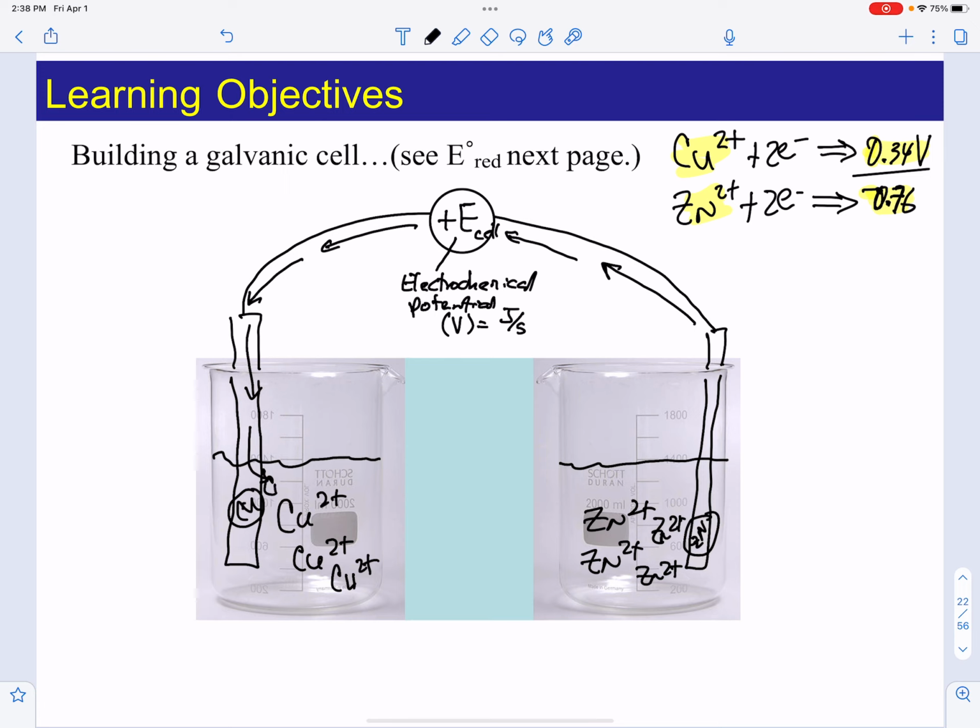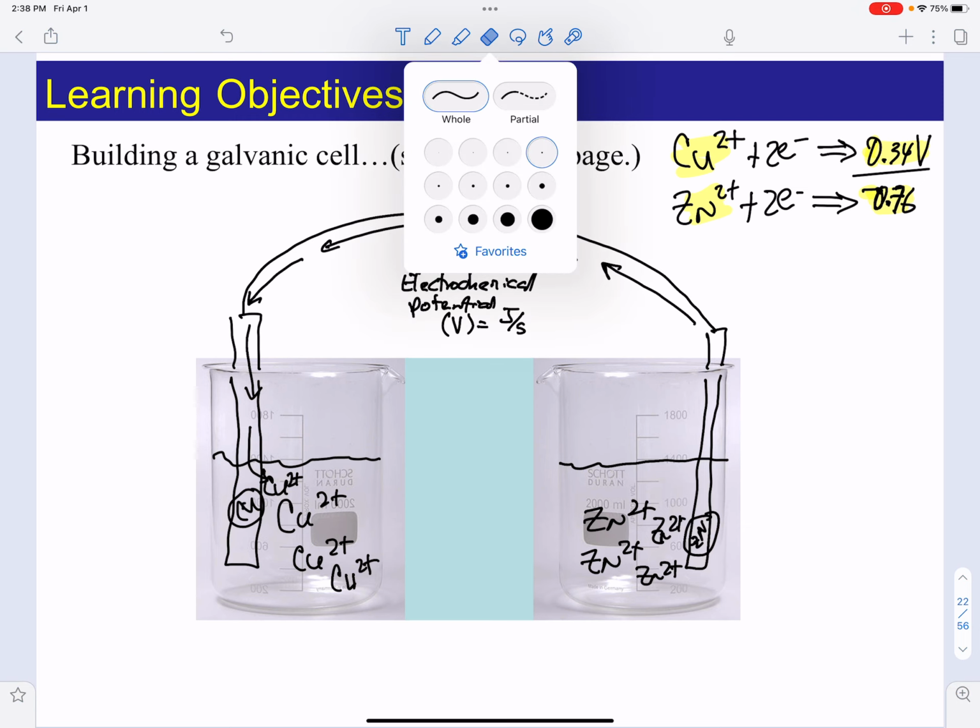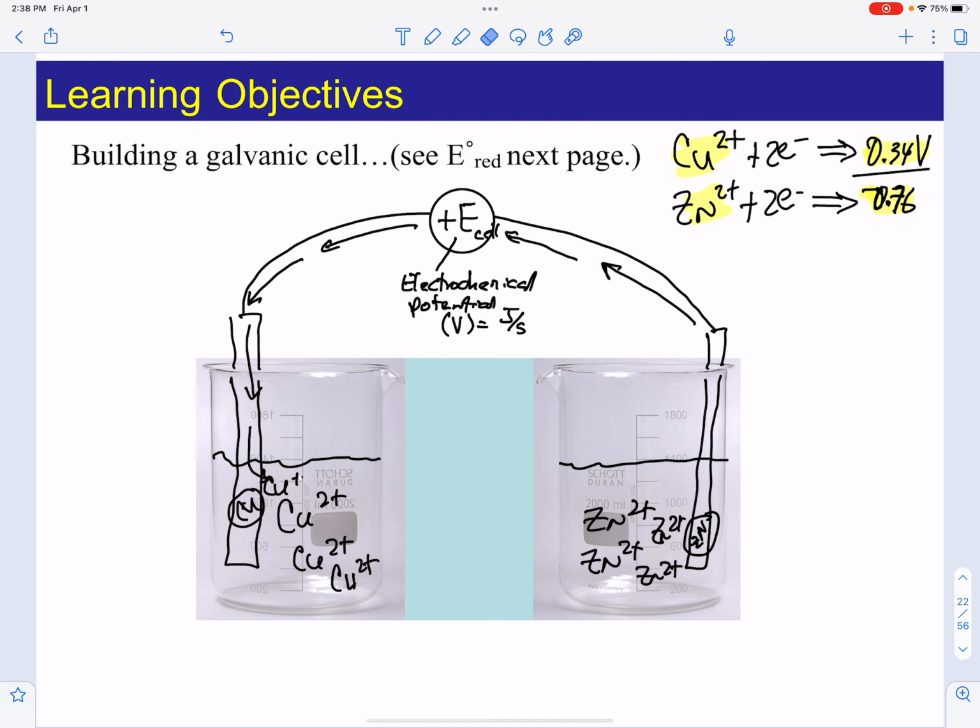The copper 2 plus that is in contact with the metal will gain those electrons and become copper solid. And therefore, you start getting copper solid deposited on top of the other copper solid, and it starts increasing in mass.